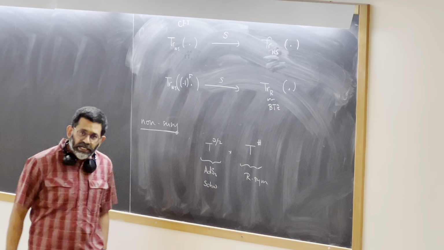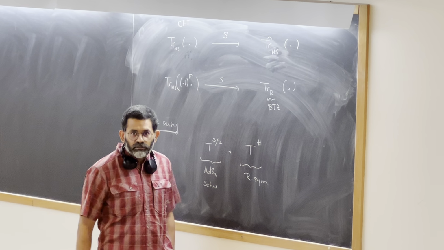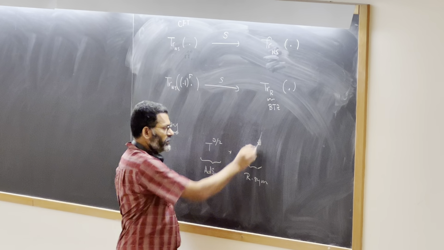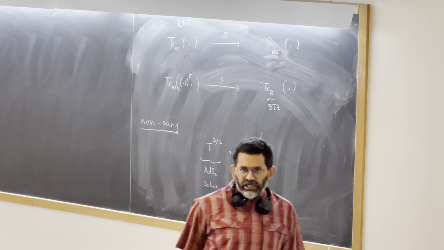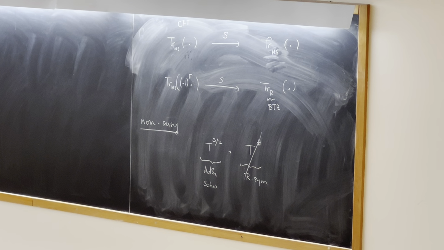But if you work in the sector with fixed charges, which you can do very easily in this case by just summing over the modular images, this factor goes away. So the universal prediction that you get T to the 3/2 is just true in the canonical ensemble with fixed charges.